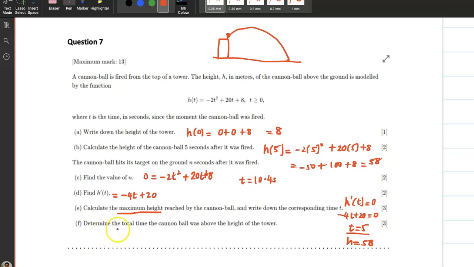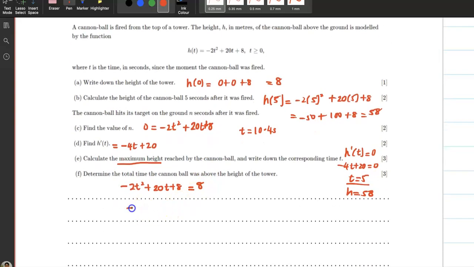Okay. Determine the total time the cannonball was above the height of the tower. What is the time the cannonball was above the height of the tower? From here to here. So what will you do? You will take this equation equal to 8 and solve it, because this height is 8, we said.